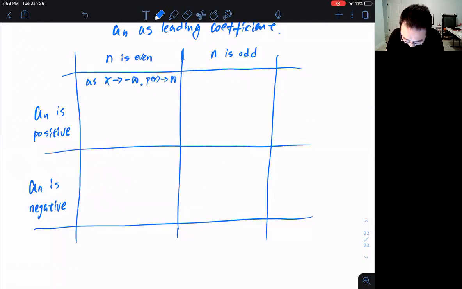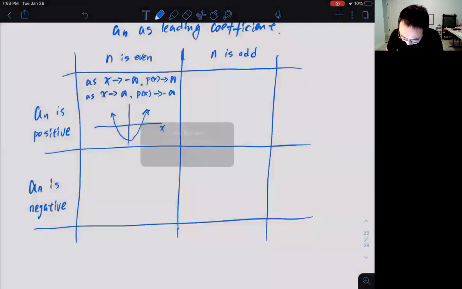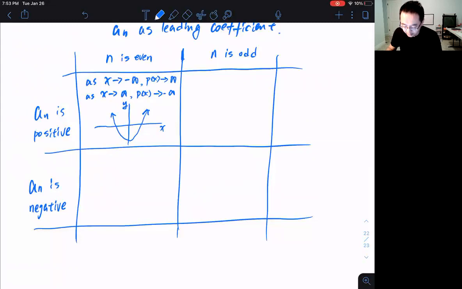And as x approaches positive infinity, then p of x in this case would approach negative infinity. And so what this looks like on a quick little graph is something like this. That's your equation, so x and y.